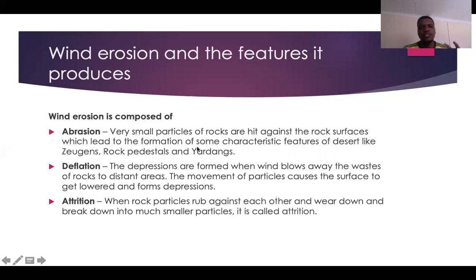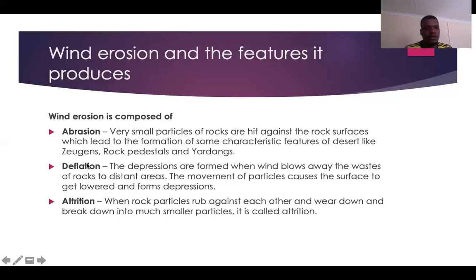So we are saying that whatever the wind is carrying, when it hits the rocks, it can lead to erosion, which we call abrasion. So it's basically the load of the wind, what the wind is carrying, that will then produce the different features like zeugens, rock pedestals, and the others. We'll look deep into these three at a much later stage.